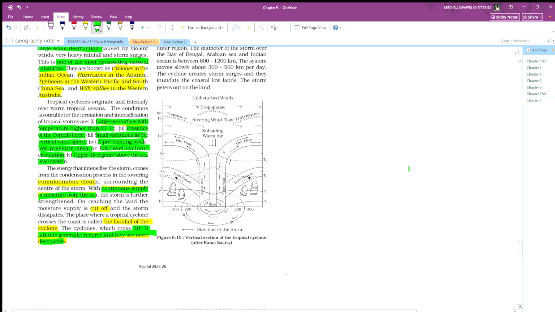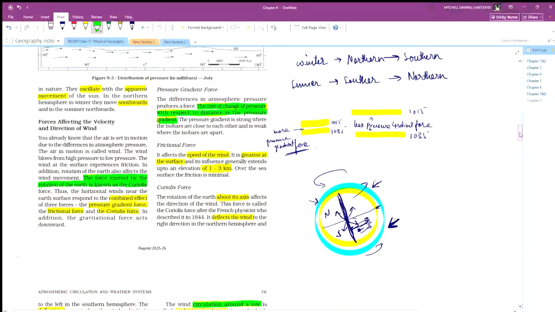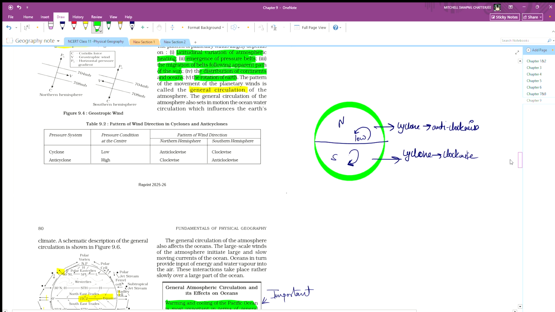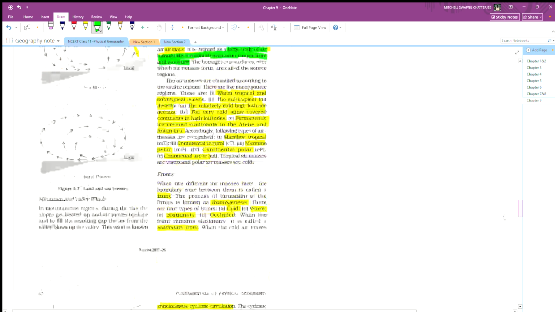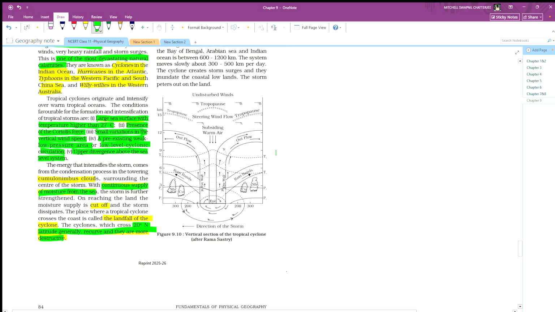A cyclone which is anti-clockwise has occurred in the northern hemisphere.